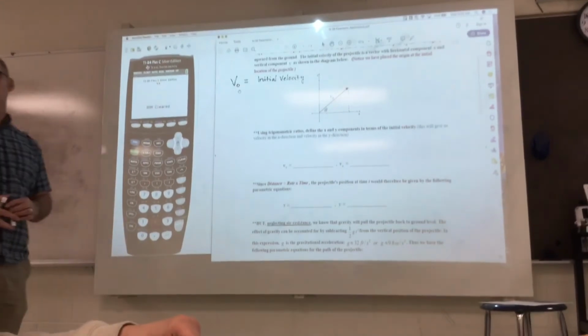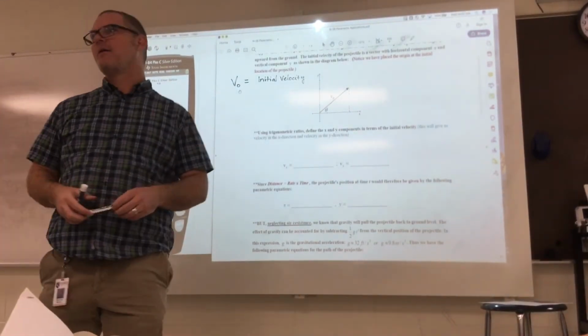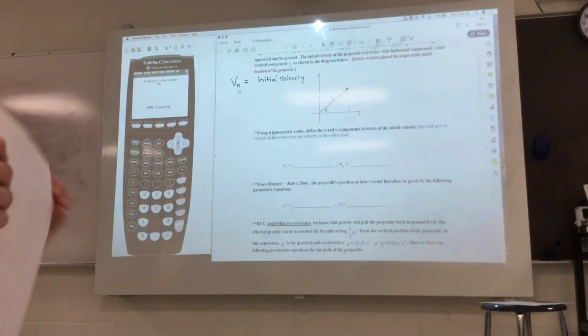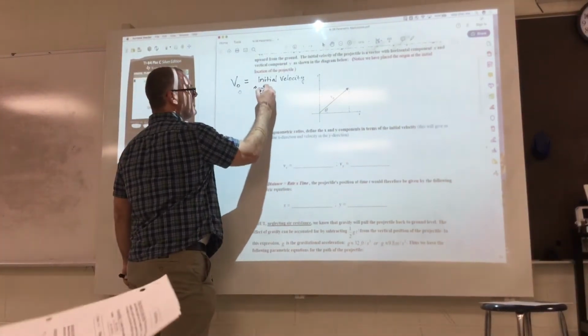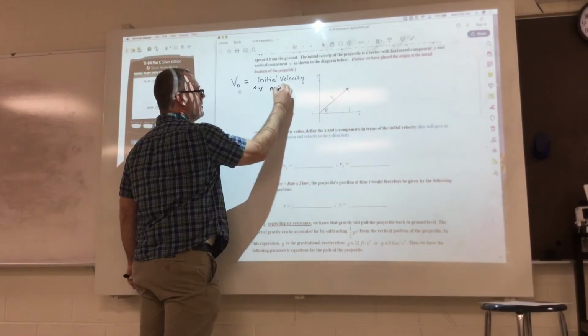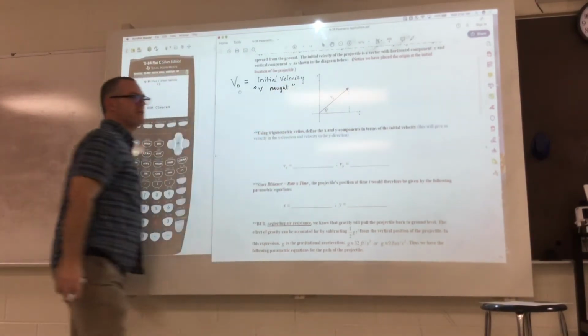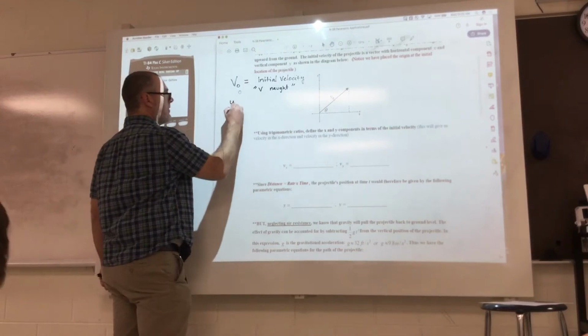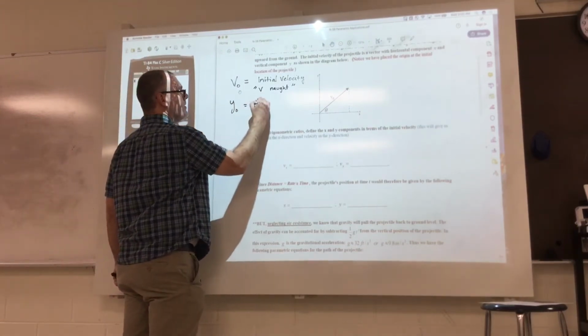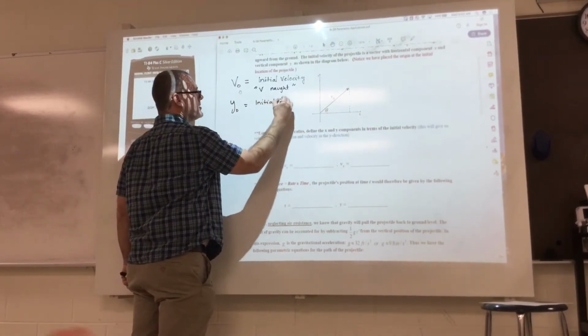That's for sequences, when you say like A sub 2. This has actually got its own little name and is pronounced V naught. It means it's your initial velocity. And then my favorite one, the initial height, where we launch something.